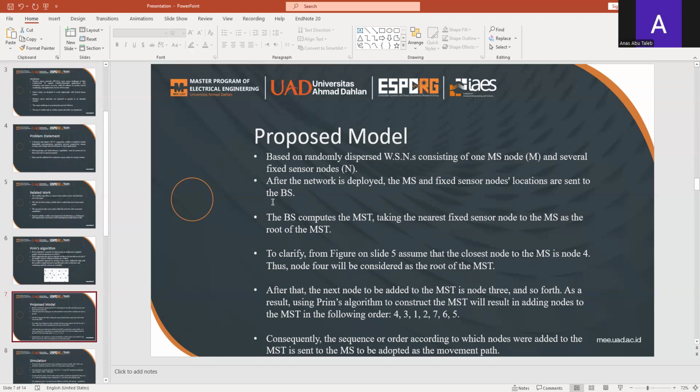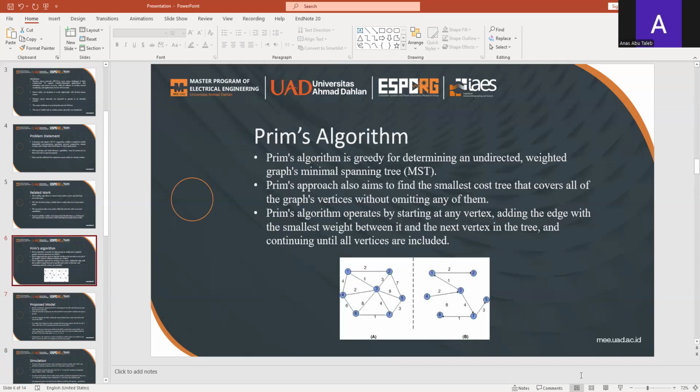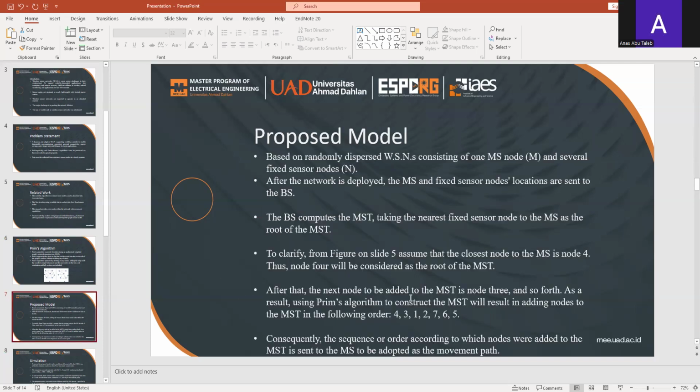After the network is deployed, all the nodes, including the mobile sink, will send their positions to the base station. The base station will compute the minimal spanning tree, taking the nearest fixed sensor node to the mobile sink as the root of the minimal spanning tree. If we look at the previous slide, and assume that node number 4 is the nearest node to the mobile sink, then the minimal spanning tree will be built according to this sequence.